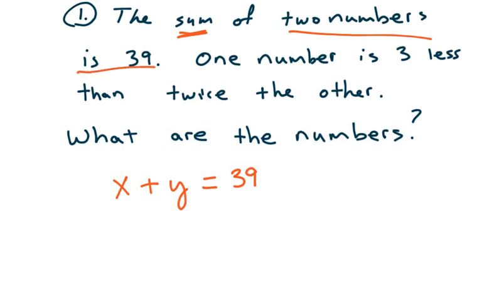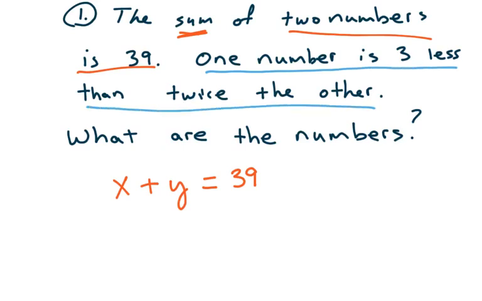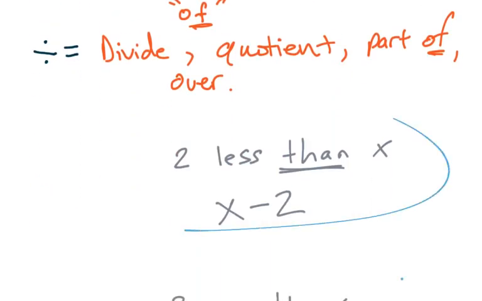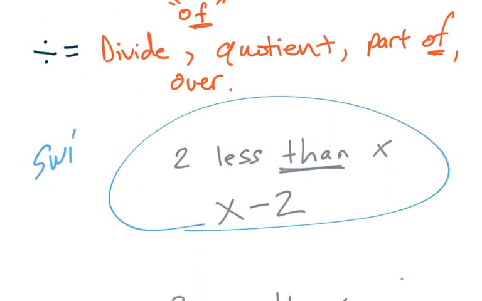One number is 3 less than twice the other number. So I don't know what the numbers are. I don't know which one's x, which one's y. But one number, we'll say x, is, I said is means equal, 3 less than. Notice what did I say less than means? Less than means you have to switch the order, right? So we're going to switch the order.